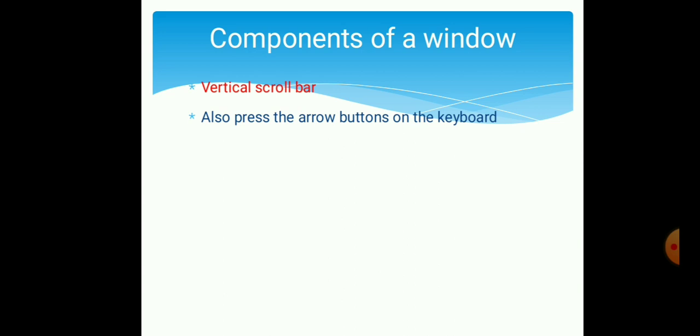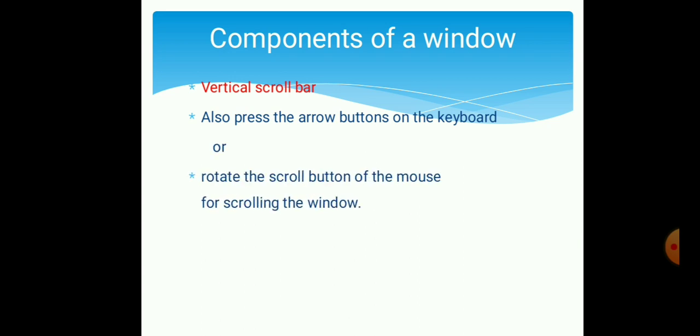We can also press the arrow keys on the keyboard. We know the keyboard has arrow keys, isn't it, children? Left, right, top and bottom. Using those arrow keys, you can move the document. Or you can use one more option, that is, you can rotate the scroll button of the mouse for scrolling the window.